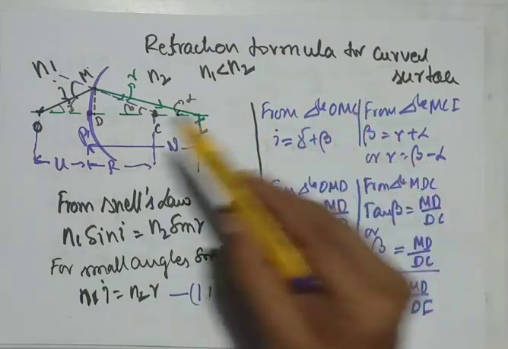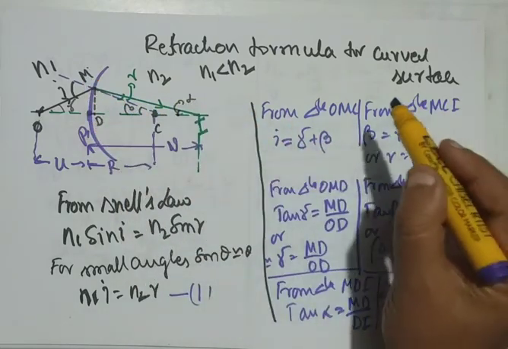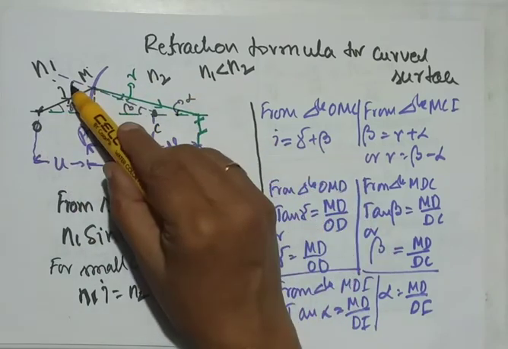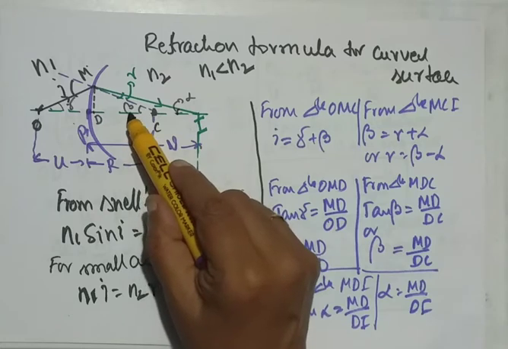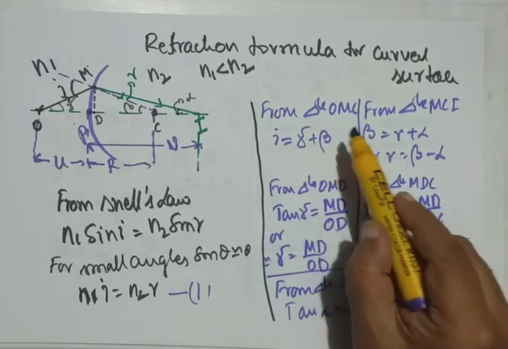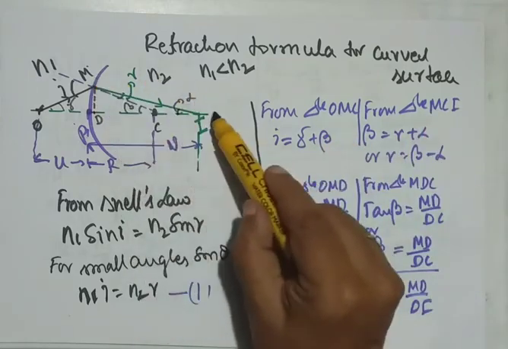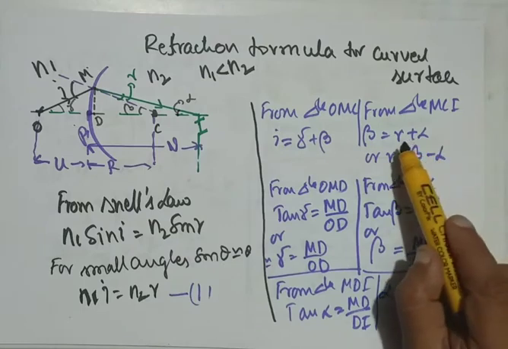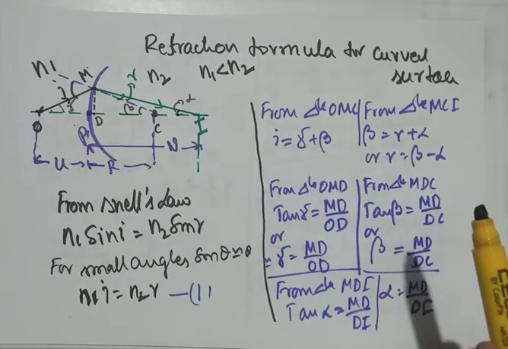From triangle OMC, I is exterior angle, gamma and beta are opposite interior angles, therefore I equals gamma plus beta. From triangle MCI, beta is exterior angle, R and alpha are opposite interior angles, therefore beta equals R plus alpha, R equals beta minus alpha.